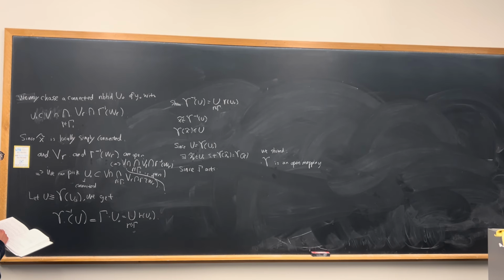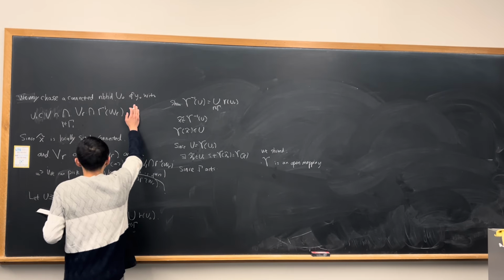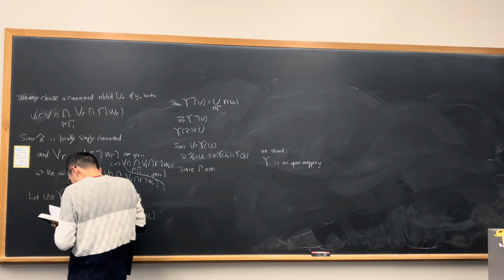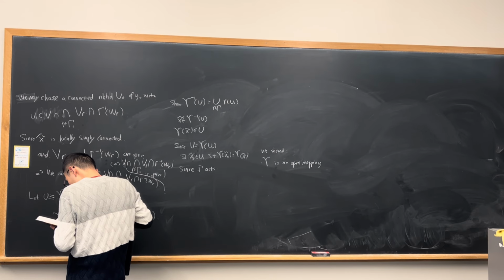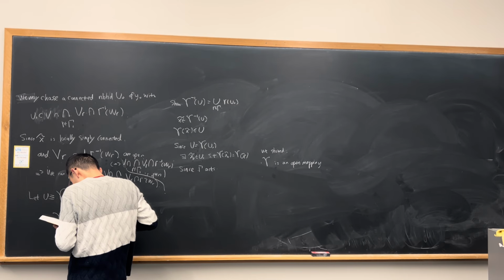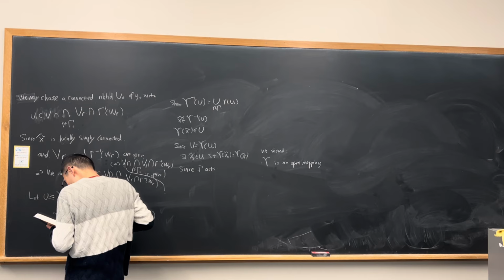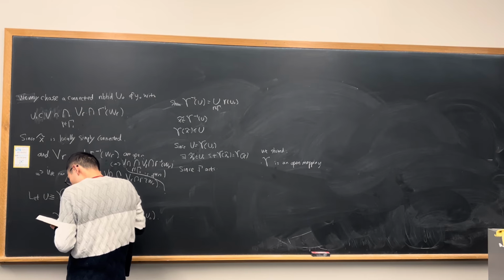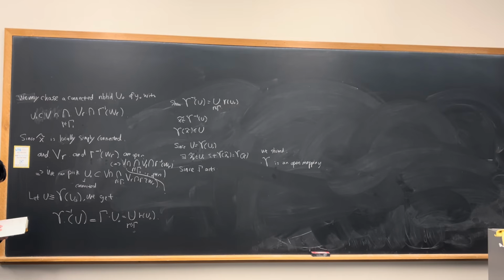So we pick a point x naught as our base point in x, and then we pick this y naught to be one of the elements in the fiber of this x naught.